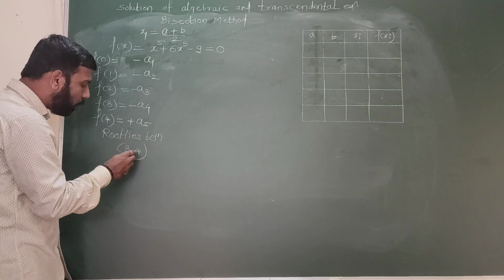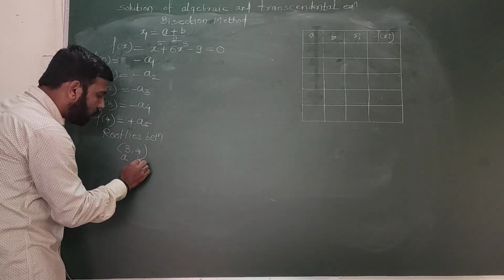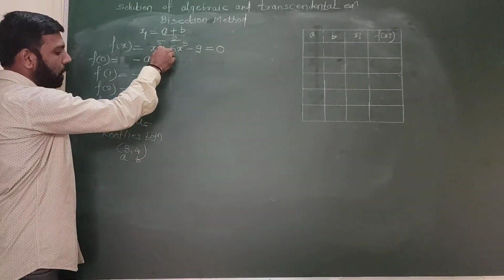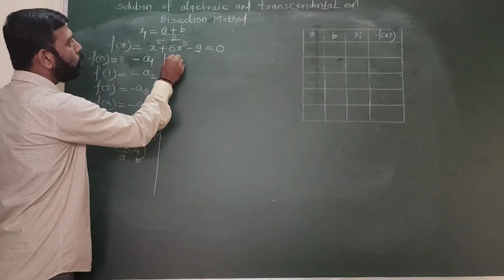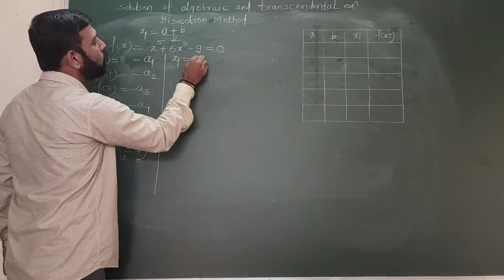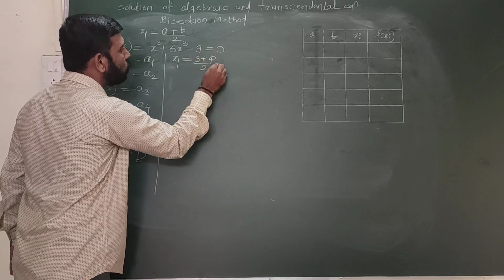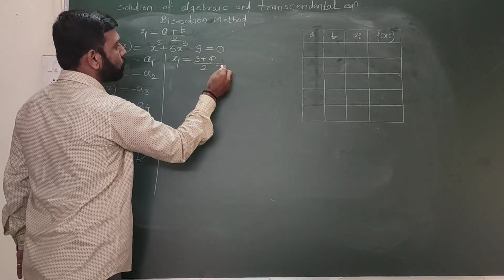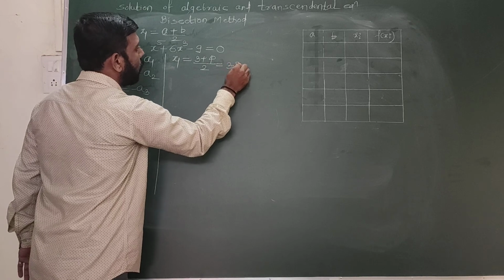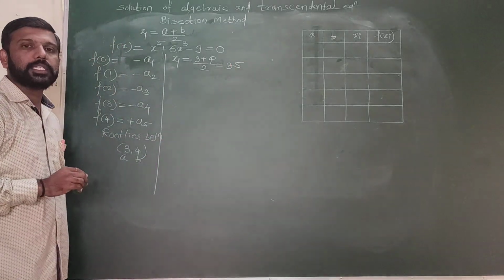Now in this interval, assume this is the value of A and this is the value of B. Then the first approximate value x1 equals 3 plus 4 upon 2, and we have x1 as 3.5.